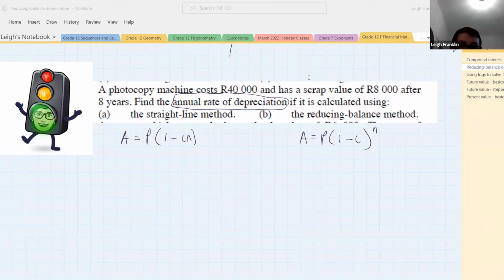You know what n is. They've told you 8 years, and you've got to work out what the interest rate would be. Everybody go and give that a try. If you've done A, then go ahead and do B. If anybody needs extra help and assistance, just direct message either Neliswa or myself.